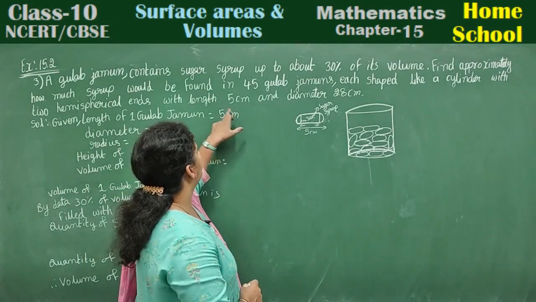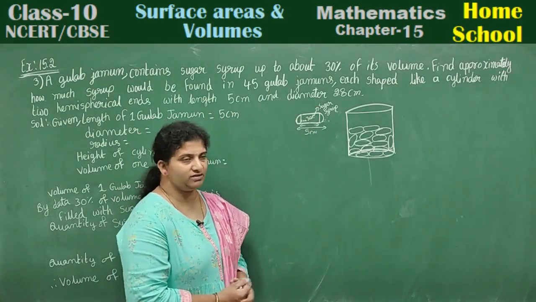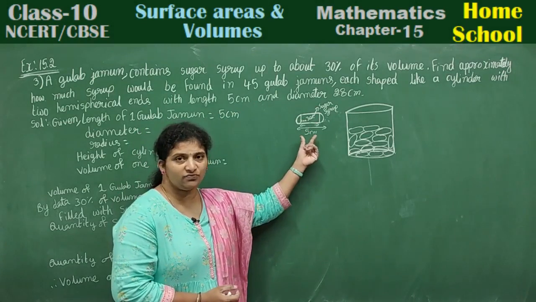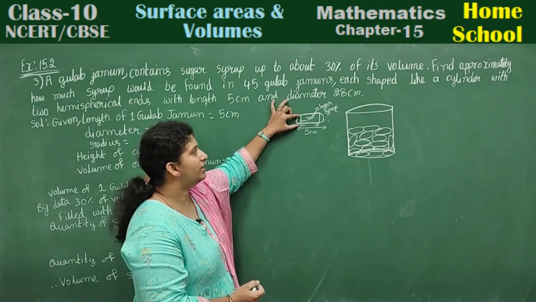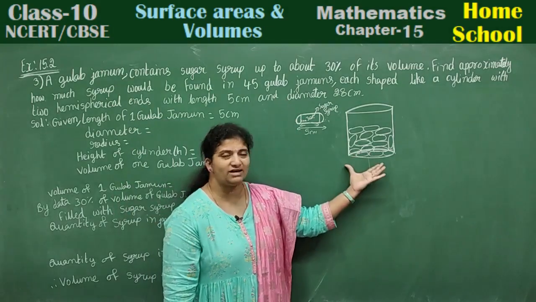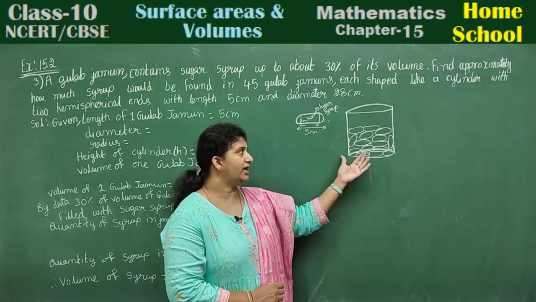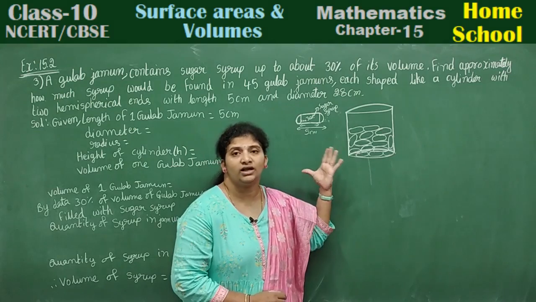Next. And diameter 2.8 centimeters. Length of the jamun is 5 centimeters. Its diameter is 2.8. Radius is how much? 1.4 centimeters. You can imagine a container filled with jamuns. It is not in round shape.